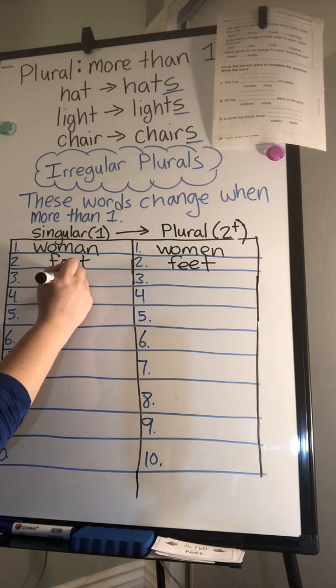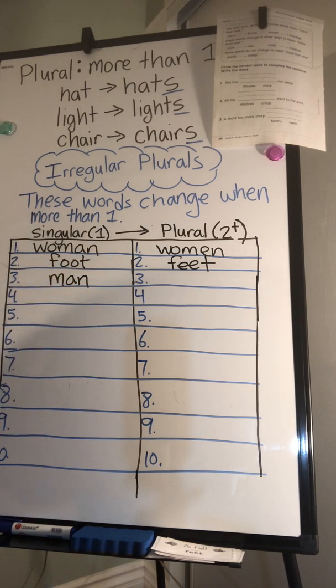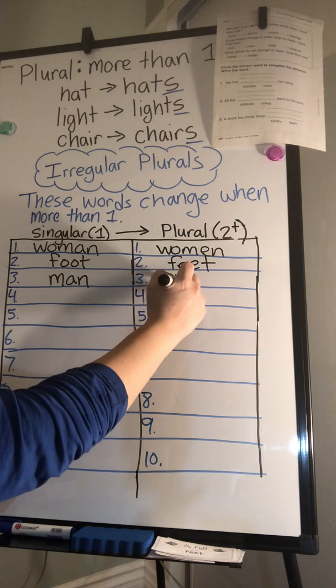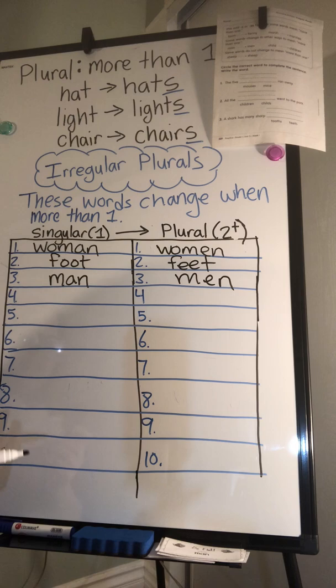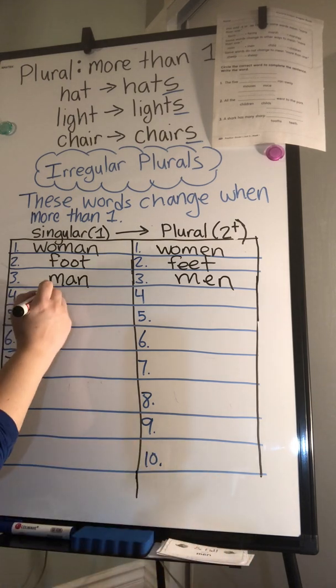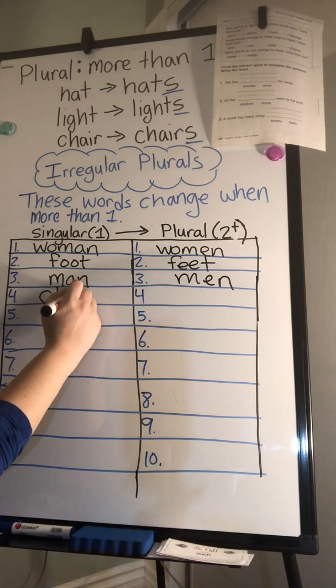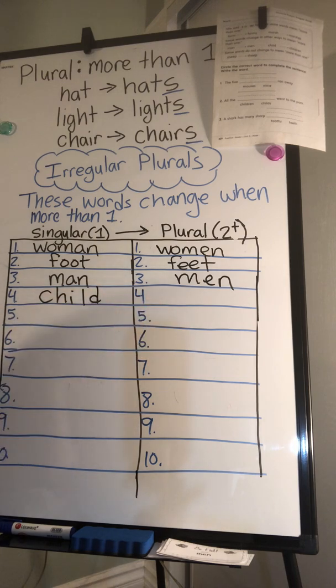One man, two mans, two men. One child. What's the plural?